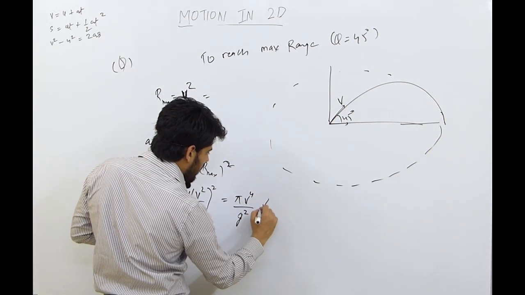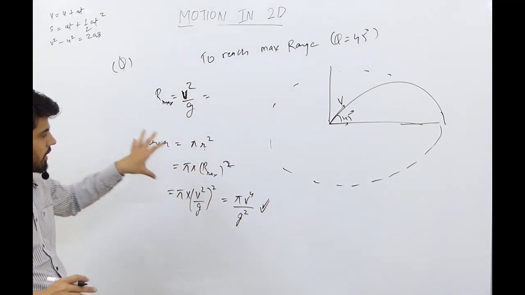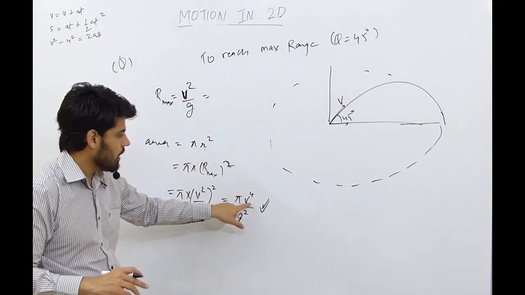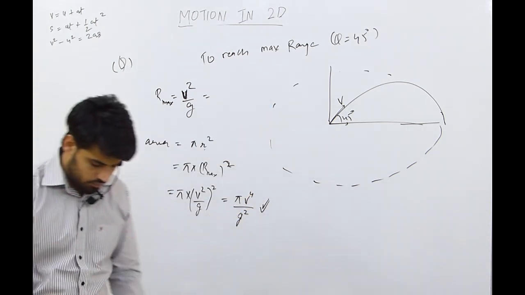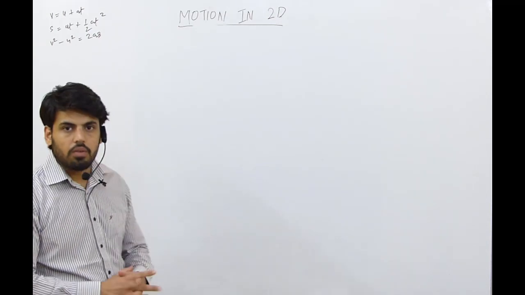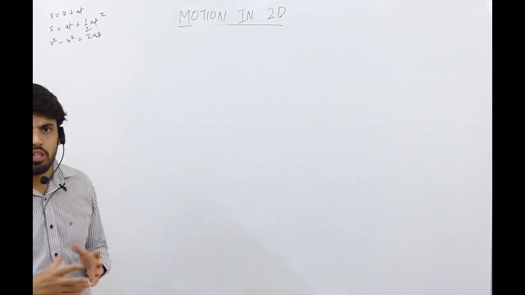This will be the answer. This is the maximum area that a bullet fired with a velocity of v can cover. Yeah, that's it in motion in 2D. Questions come basically in formats similar to these only.